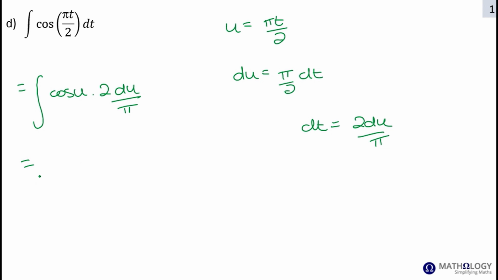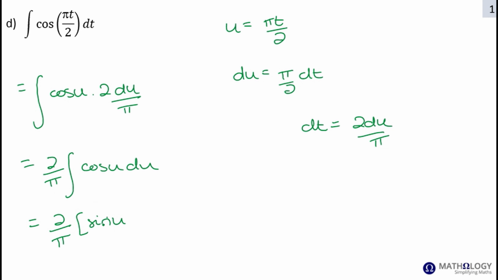So 2 over pi is a constant, so we can pull that out of the integration, and we have 2 over pi times the integral of cos u du. The integral of cos u is sine u. The derivative of sine is cos, so the integral of cos is sine.